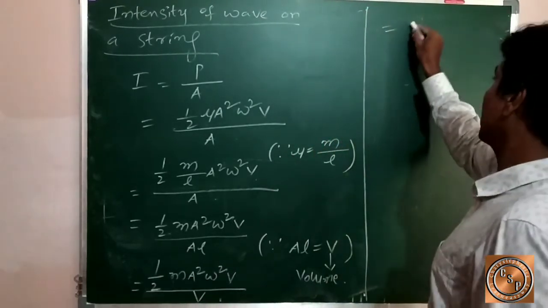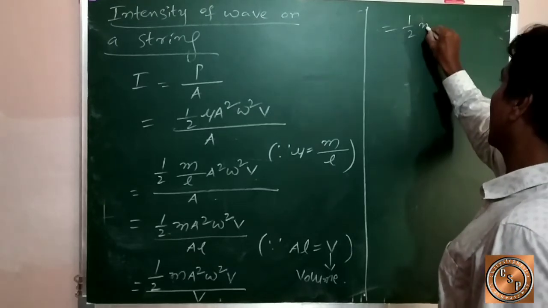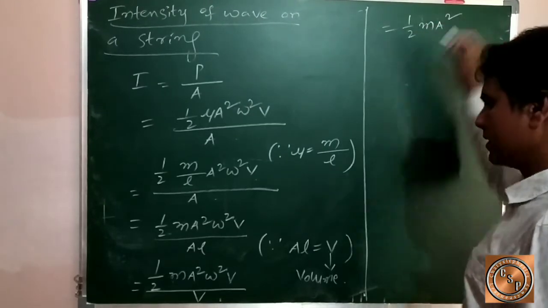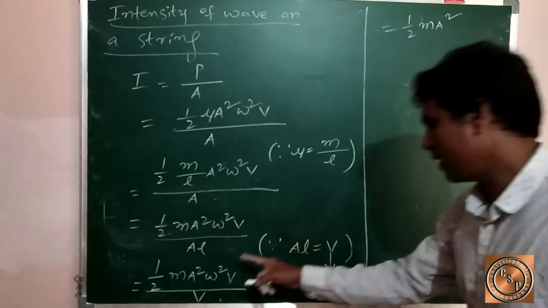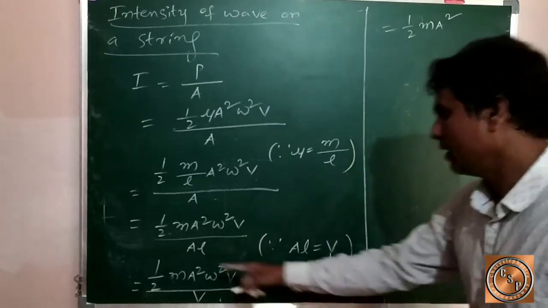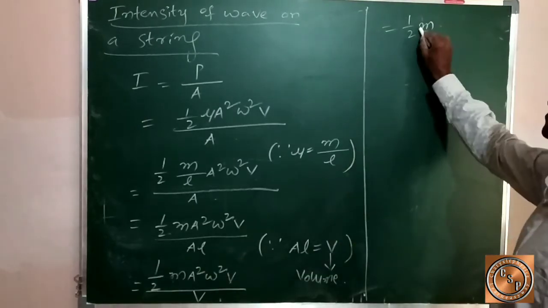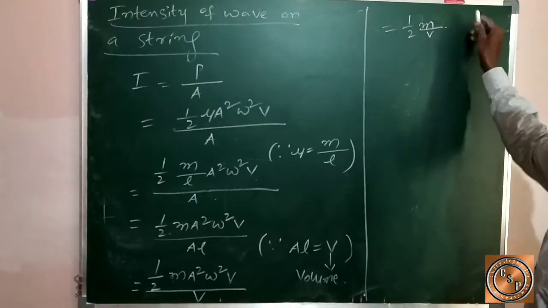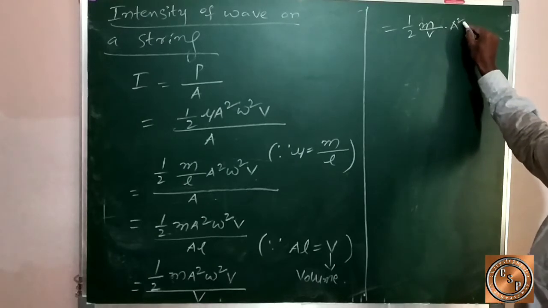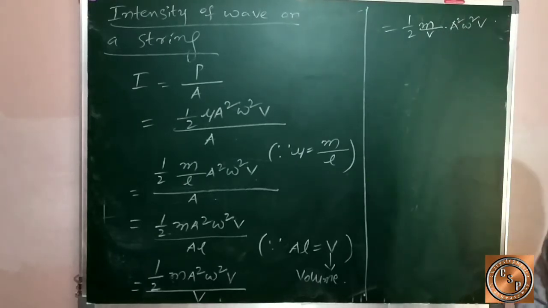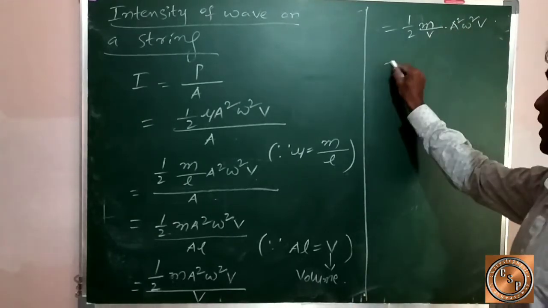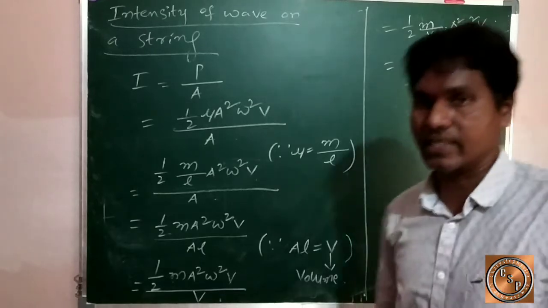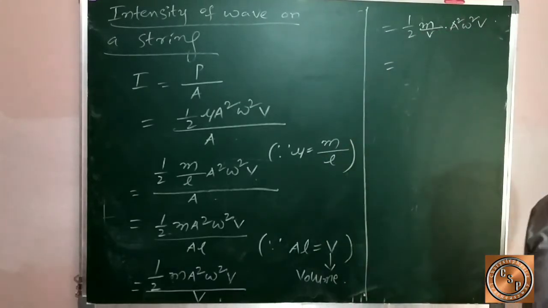Now that is equal to half m a square omega square v, here m by V. I am writing m by V into a square omega square velocity v. M by V is nothing but density, mass per volume.